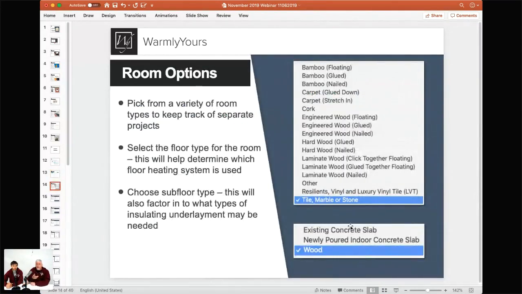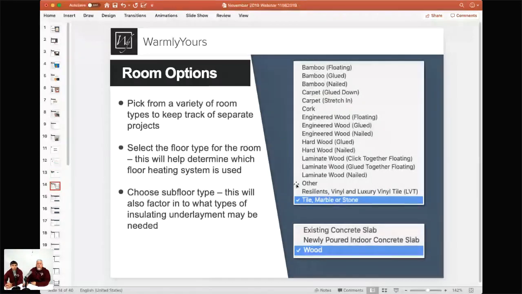So what are we choosing here? Yeah, so the first image of the drop-down on the top is the whole list of main flooring types that should cover all possible flooring types that we usually heat. So just pick the correct flooring type with the correct installation method.